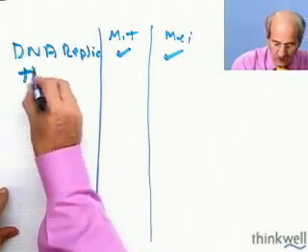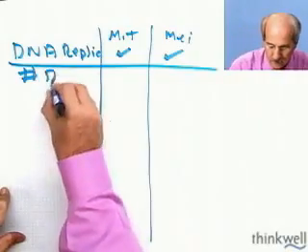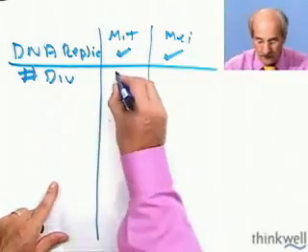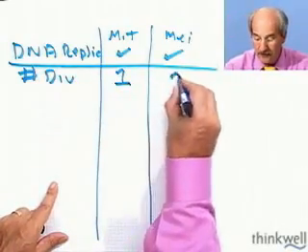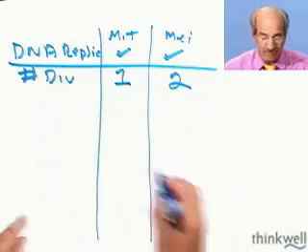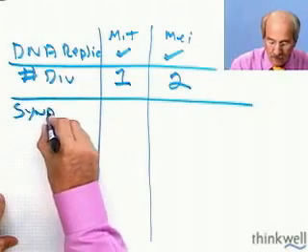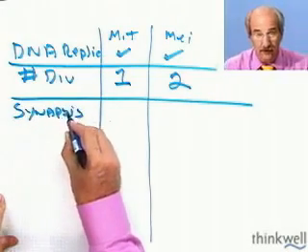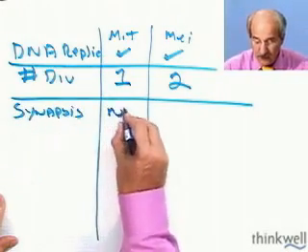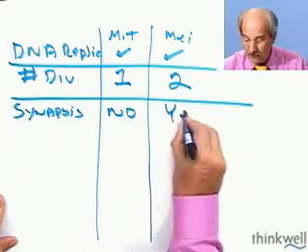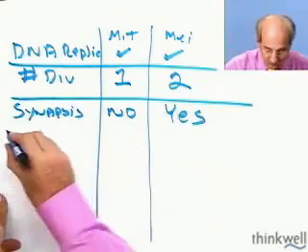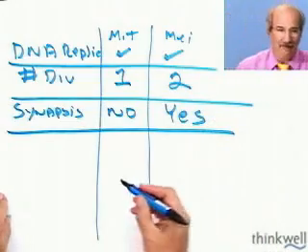Number of divisions. In mitosis, 1. In meiosis, 2. Synapsis, the moving of homologous pairs together. Mitosis, no. Meiosis, you bet. Yes. Okay.